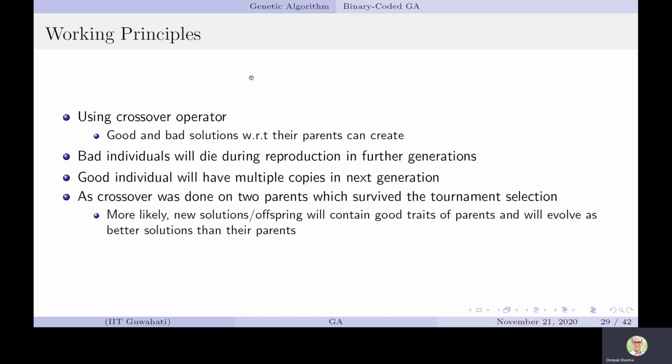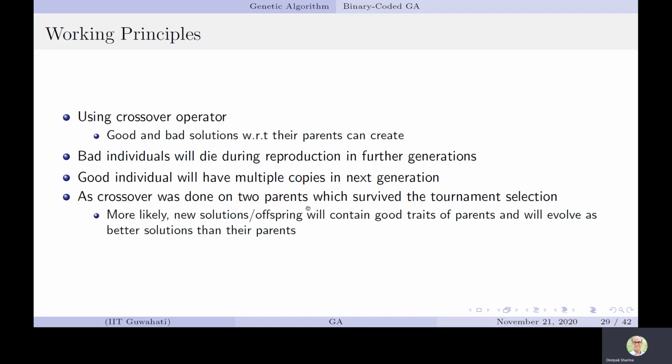So as we have discussed, the crossover operator can generate good as well as bad solutions with respect to the parents. Bad individuals or solutions will die during the reproduction. Reproduction means the selection operation in further generations. A good individual will get multiple copies in the next and further generations.